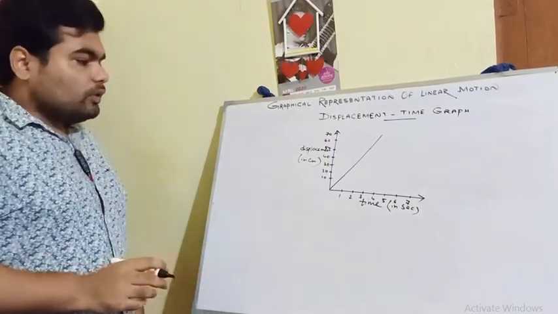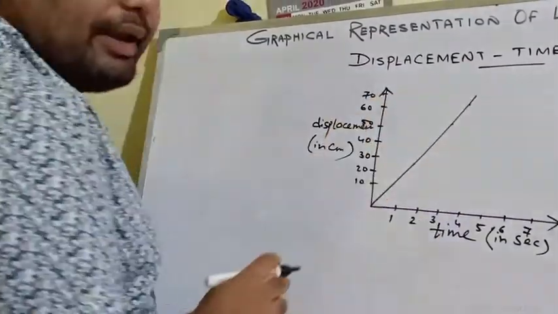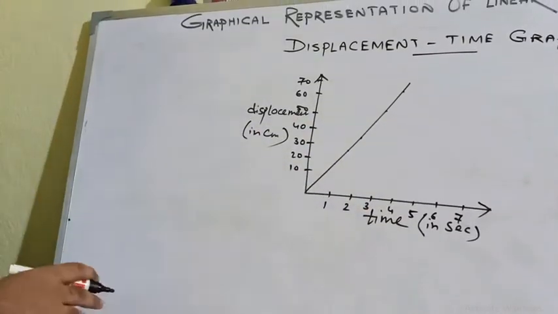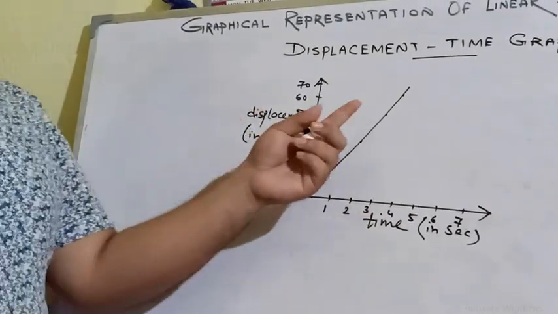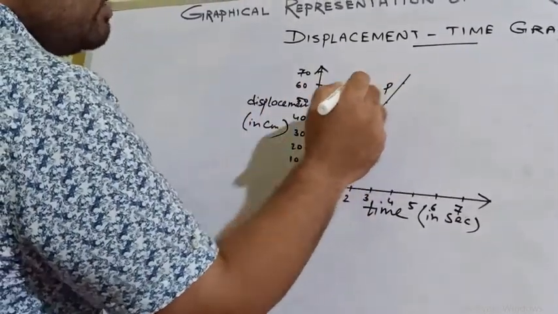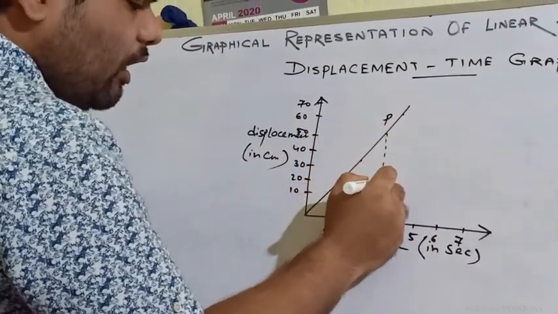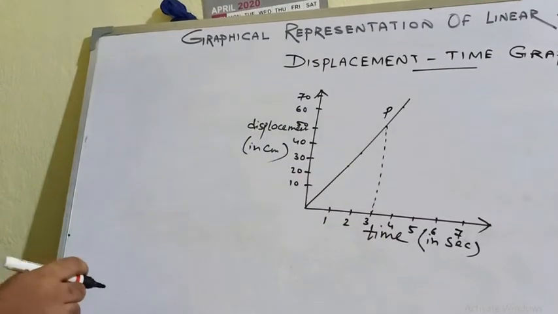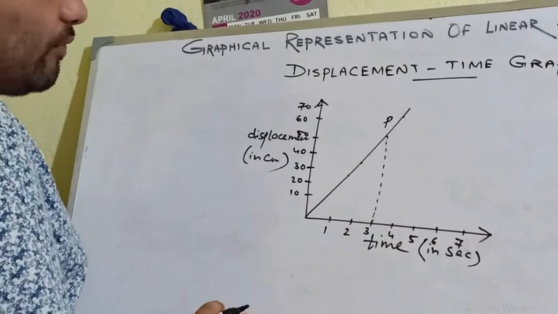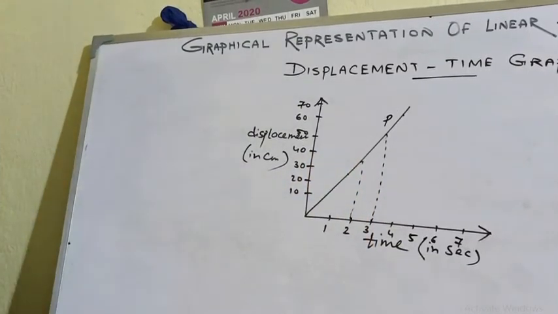Let me draw two points here. One is here, another point I am taking here. Suppose this point is P. If I draw one normal through this point, it is touching 3 on the time axis, and from the other point if I draw one normal, it is touching 2.